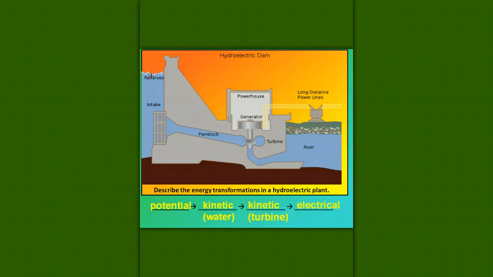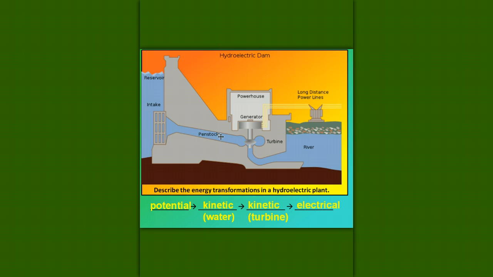Remember, anything that's up really high has gravitational potential energy. Something that's lower has less gravitational potential energy. So this water being up high has gravitational potential energy. It's pushed and sucked down through the intake, and the water now spins the turbine, which turns the generator. It spins the turbine, turning inside the generator, generating electricity.